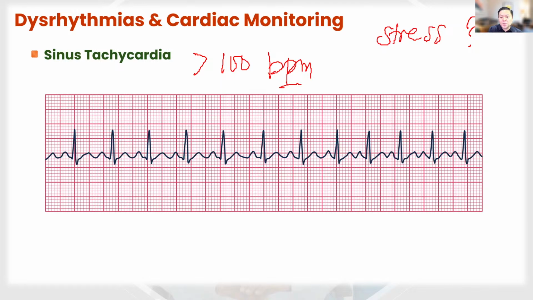Or by fever with an increased metabolic rate? Or by caffeine intake? These are the things we need to figure out. Stress, fever, caffeine, or maybe they are taking some methamphetamines, right? Stimulants. This is very common, especially in the acute care setting.